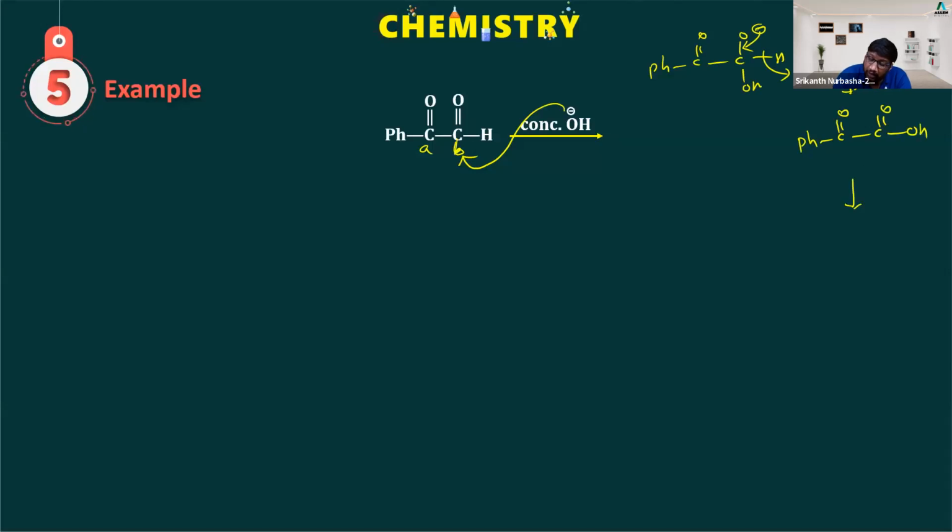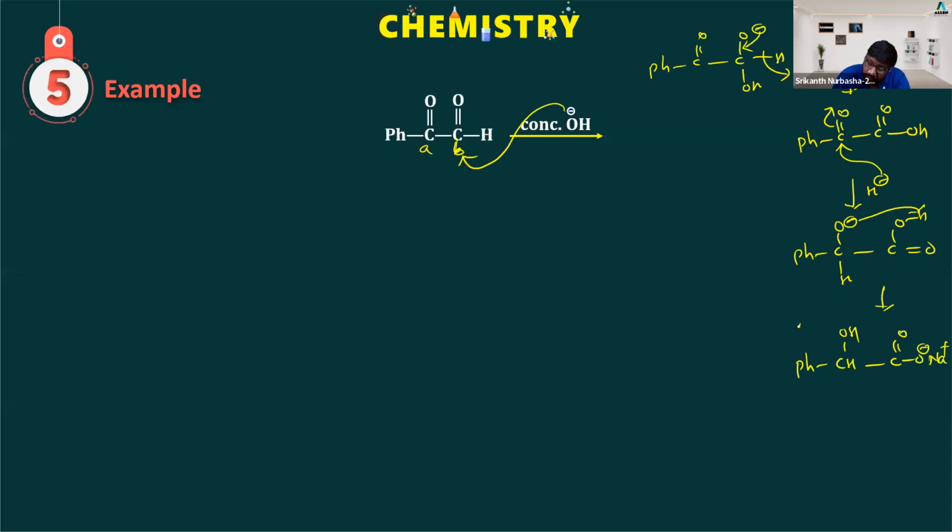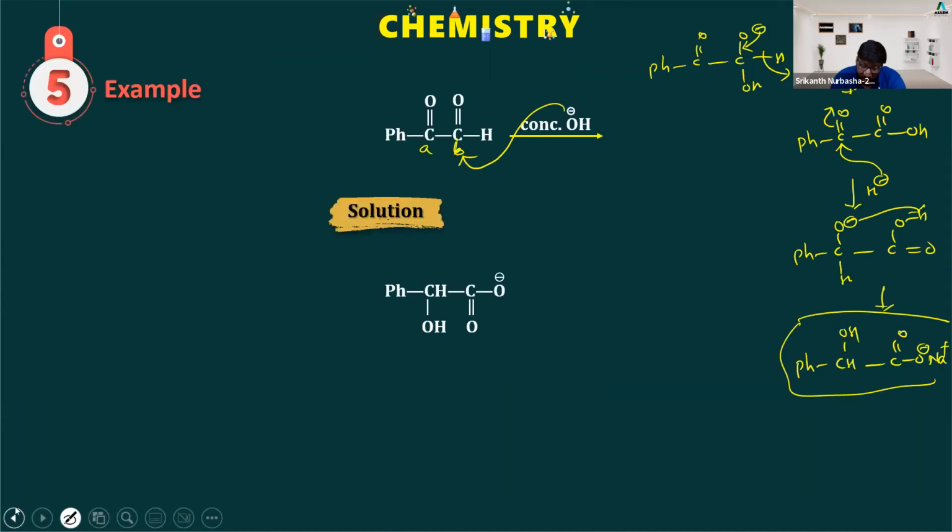Loss of hydride occurred, and that hydride attacks the carbon. The C double bond O electrons move away, giving Ph CO minus, CH. O minus picks up the proton, forming Ph CHOH, C double bond O minus Na plus. If you take NaOH, you get Ph CH2OH, C double bond O minus. This is going to be the major product.